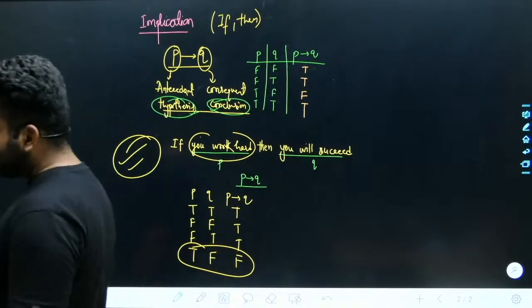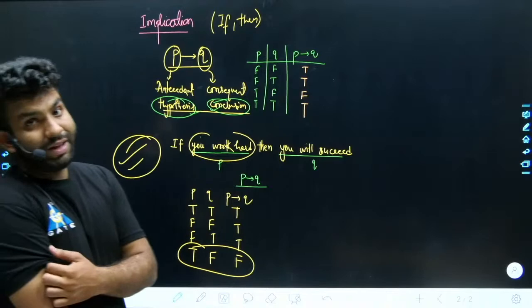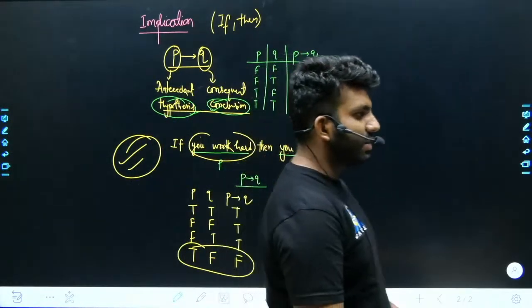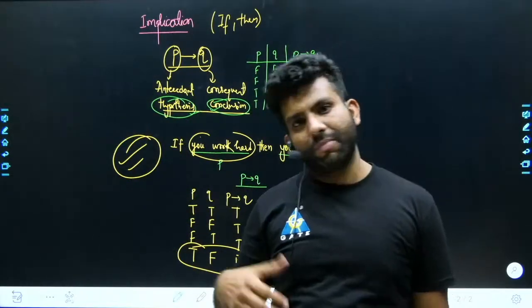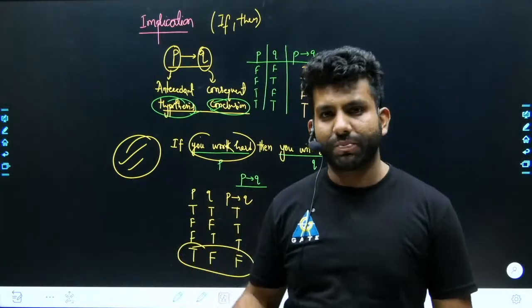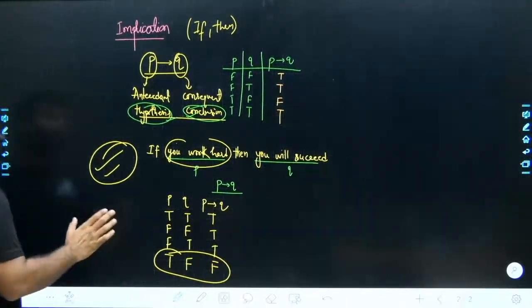Okay, so now I'll be talking about the different representations in English you may get, because in English there are different ways we can write that. The implication can be written in different ways. Let me show you some examples.